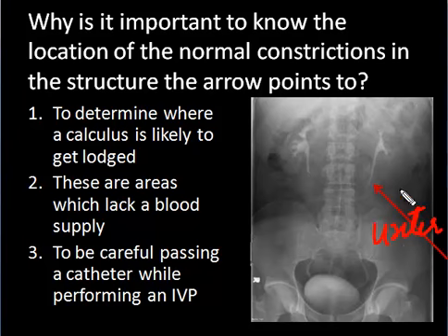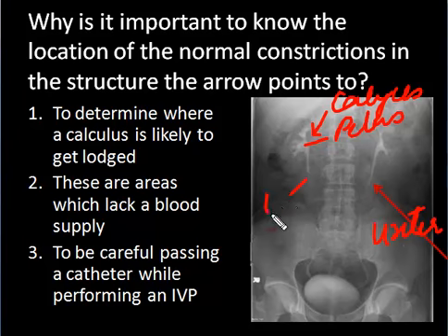If you look at this X-ray, this part here is showing you the calyces of the kidney, this part here is the pelvis, this is the ureter, and then this is the urinary bladder. So the arrow is pointing to the ureter.